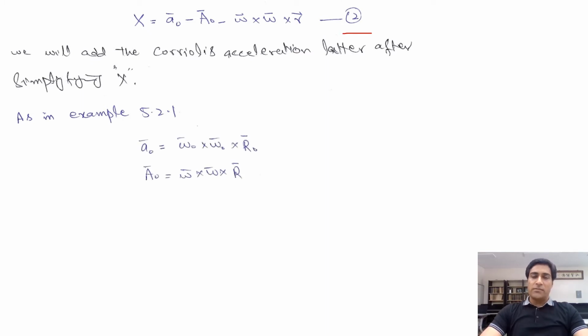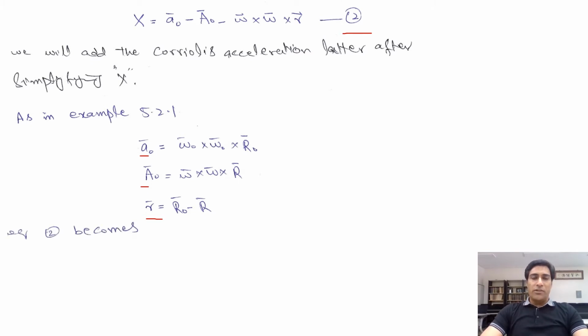In that example, based on the conditions, acceleration equals omega naught cross r naught. Because small a naught and capital A naught are both accelerations, one for the object and one for the satellite. For the satellite, capital A naught equals omega cross r, and from the figure we note that small r equals r naught minus r, just addition and subtraction of vectors.